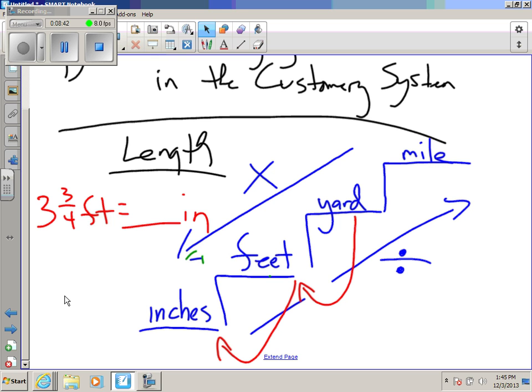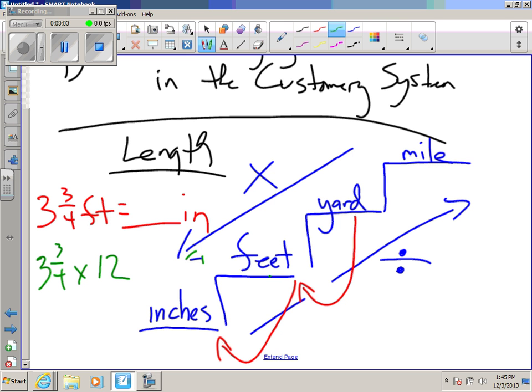Three and 3/4 feet is equal to how many inches? Feet to inches. Multiplying by what? 12. So watch carefully. 3 and 3/4 times 12.